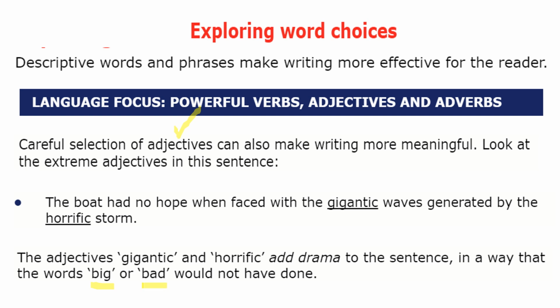But definitely the effect of the words gigantic and horrific cannot be achieved by the words big or bad, and that is why the writer has preferred using these words. So if asked, you can explain that they are actually showing the seriousness of the situation.